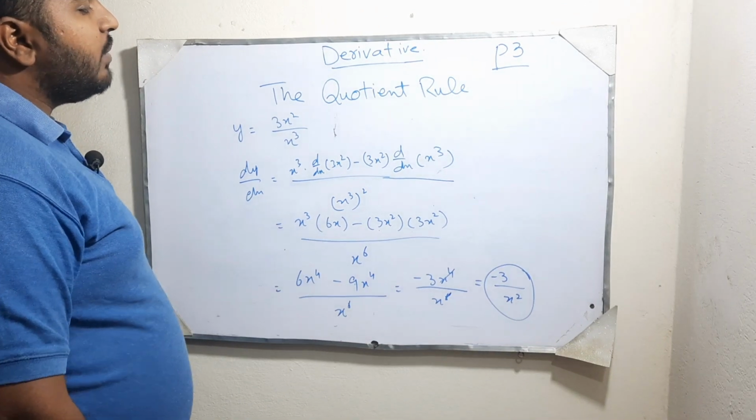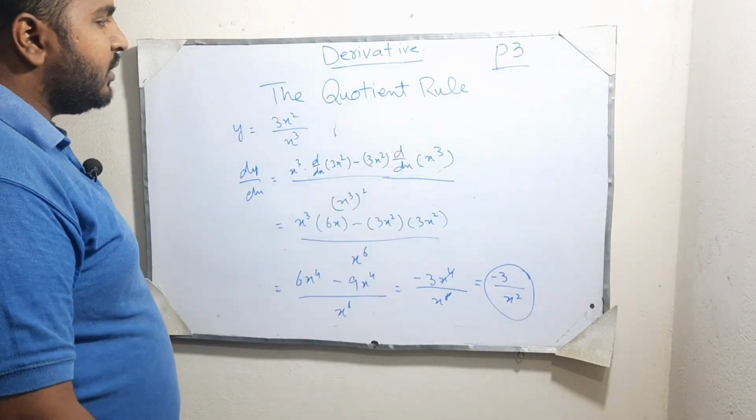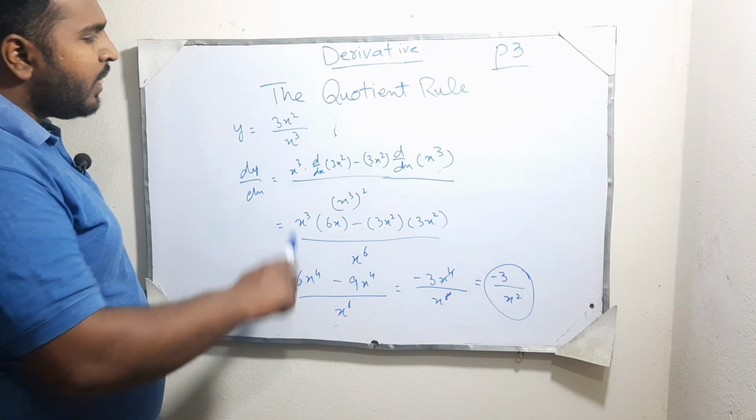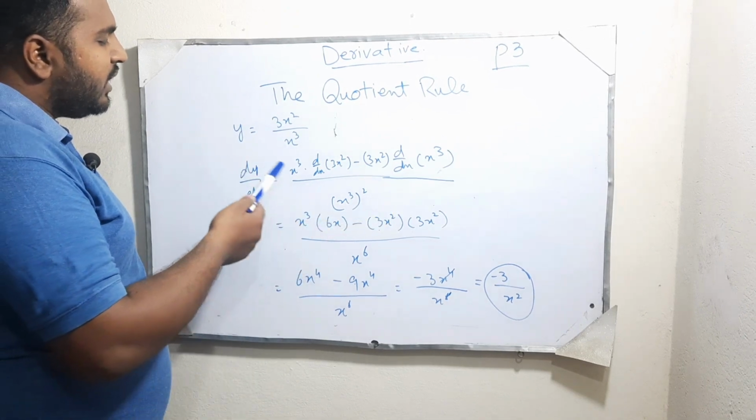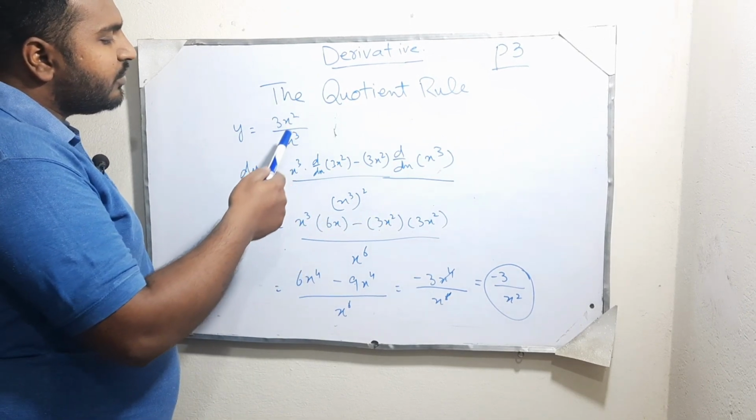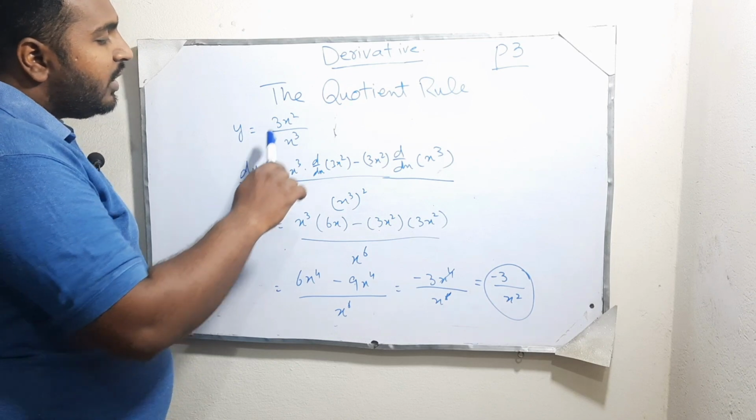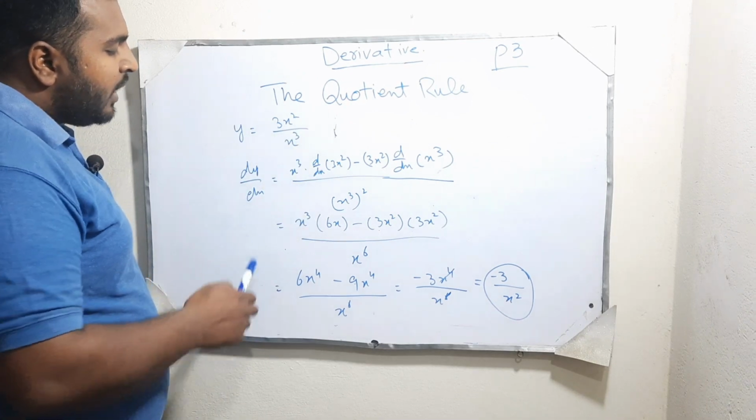Now we will discuss the quotient rule, the last in this series. Let us take an expression like y is equal to 3x square over x power 3. Here two functions are dividing.